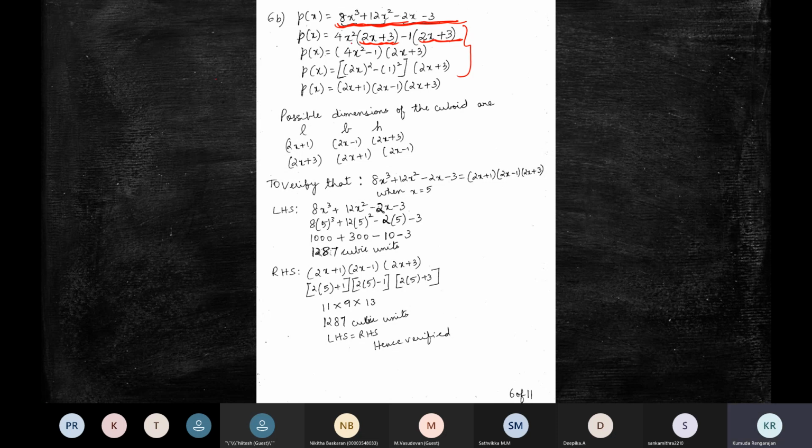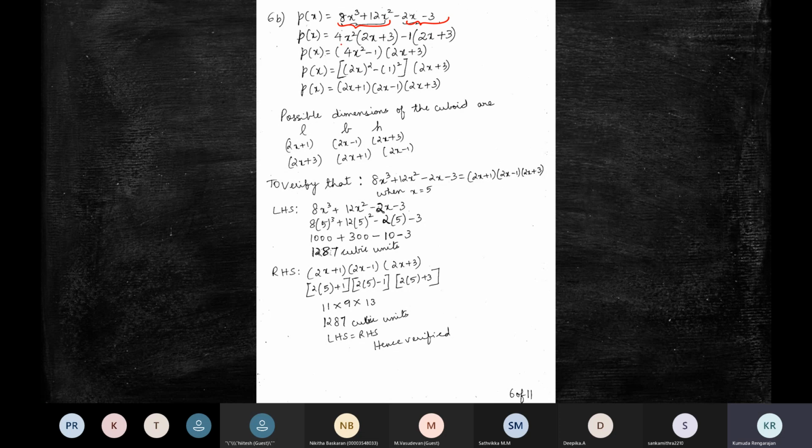So here it just works. The first two terms have 4x squared common. You know that, factorizing by grouping. So grouping the first two terms and the last two terms, taking out the highest common factor.